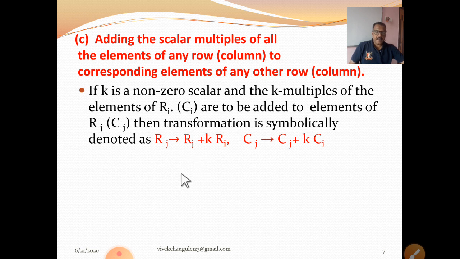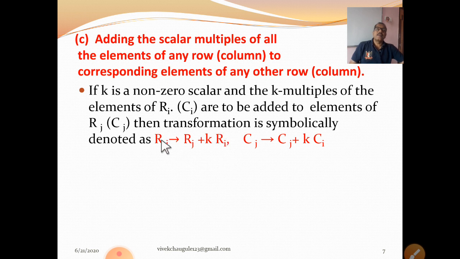Once again, we multiply every element of the ith row by k, and add it to the corresponding element of the jth row. Here we note that the change is only in the jth row. Therefore we write the transformation as Rj changes to Rj plus k into Ri.